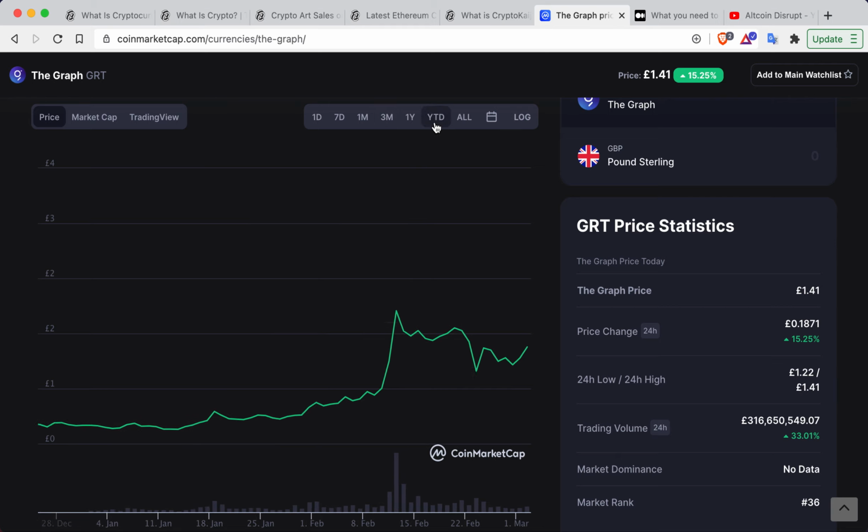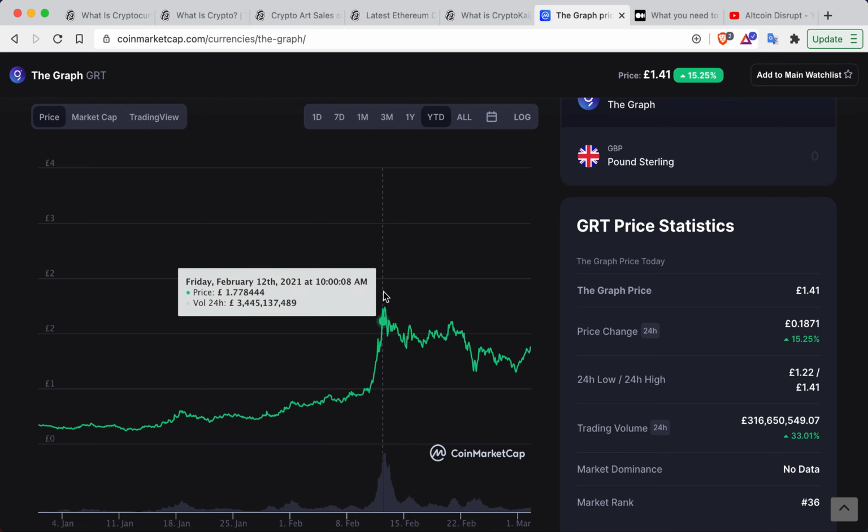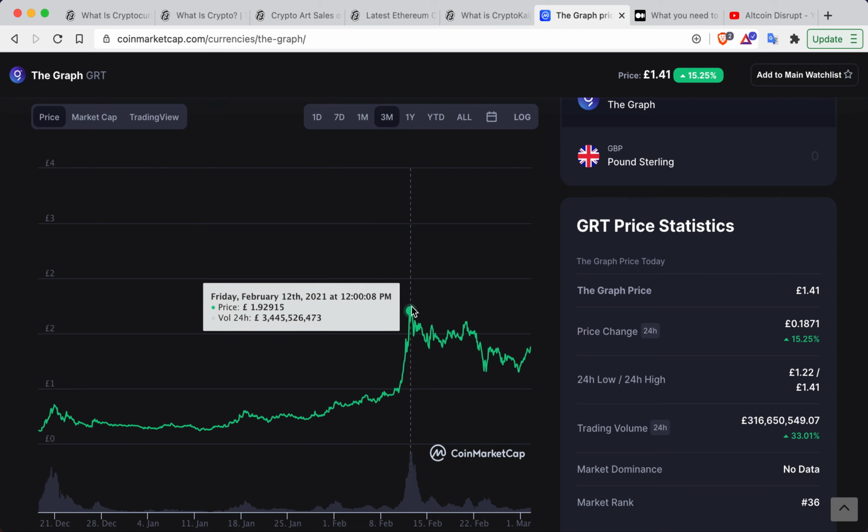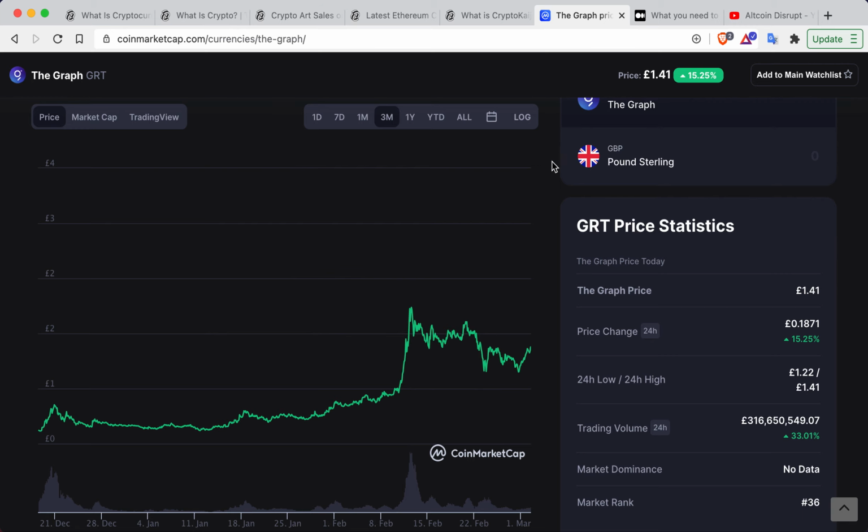It's probably been higher before, but as far as I know, the highest I've known it to go is around £1.9, almost £2. So that's quite impressive in a matter of a few months.